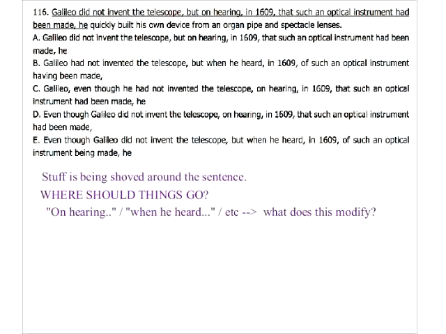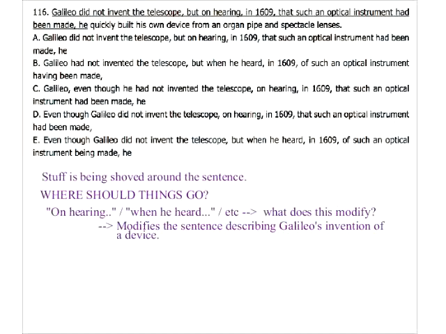Okay, yeah, when he heard that something had been made, he made his own. So this should modify the sentence, not a telescope. Telescopes don't hear things. This modifies the sentence describing Galileo's invention of a device.